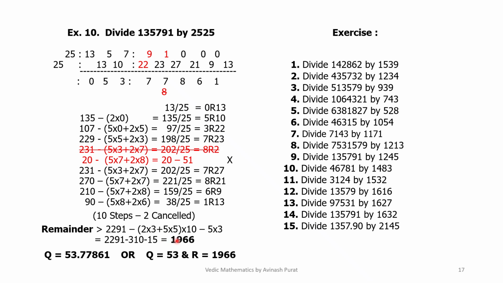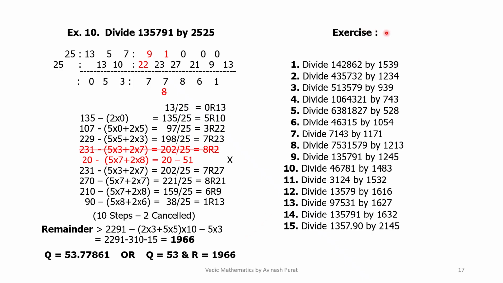So the answer is 1966. Now quotient, we get quotient as 53.77861, or quotient is 53 and remainder is 1966.